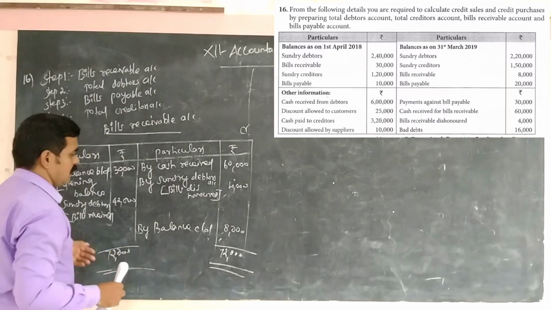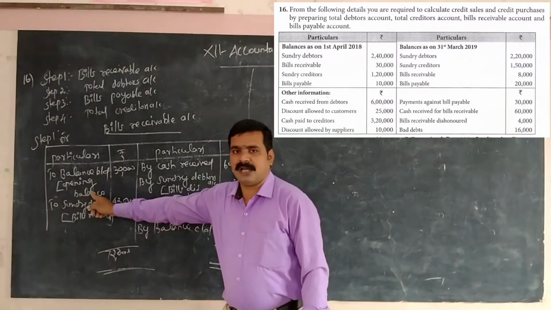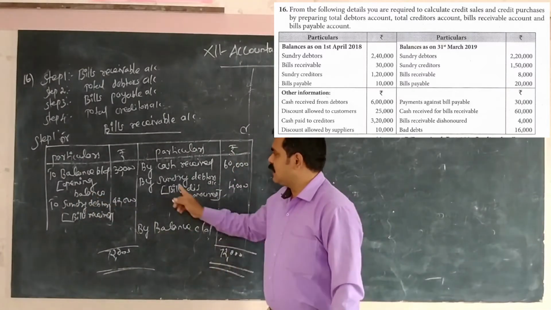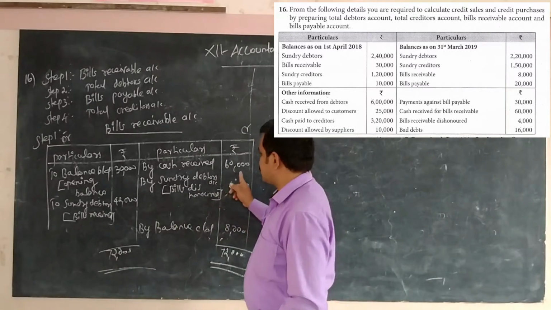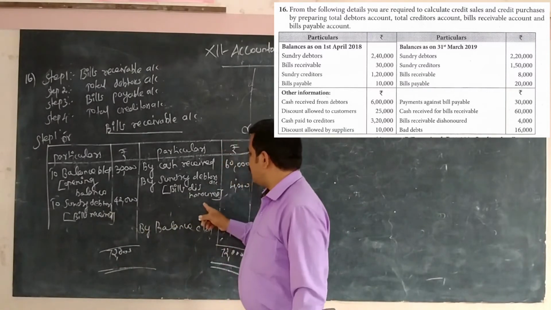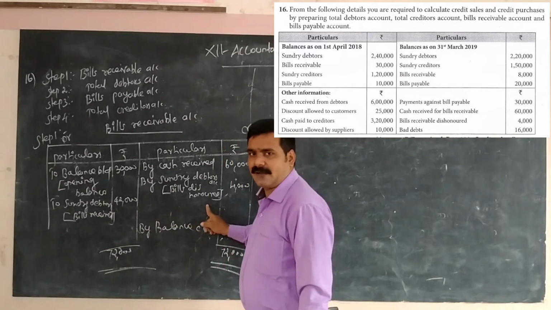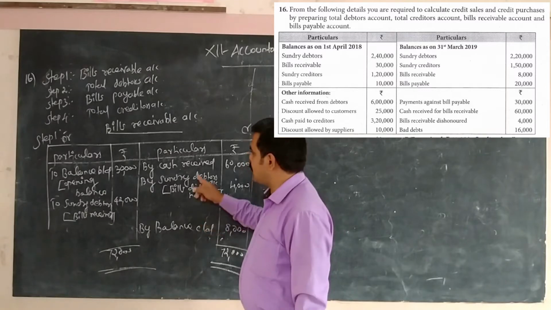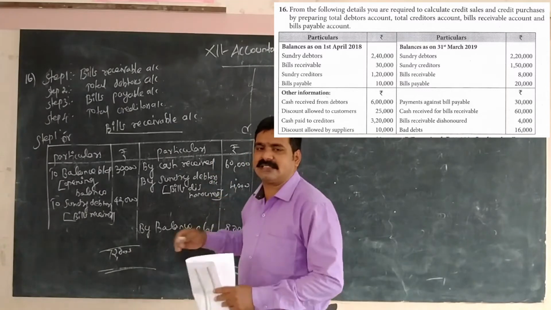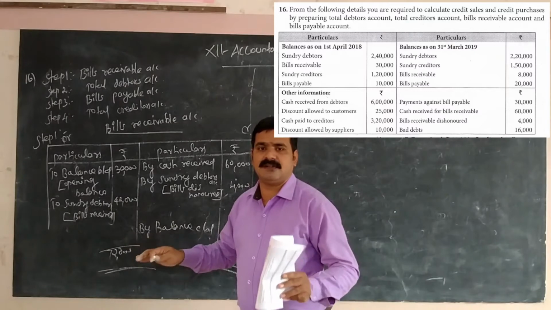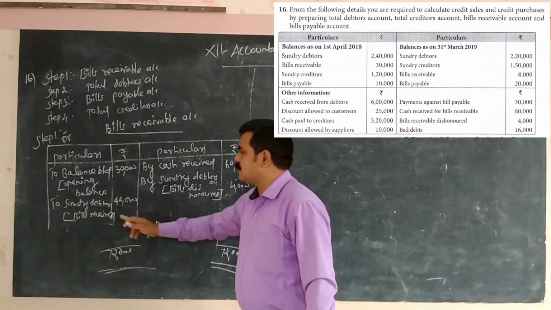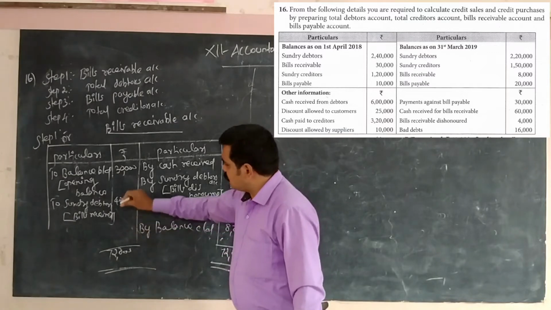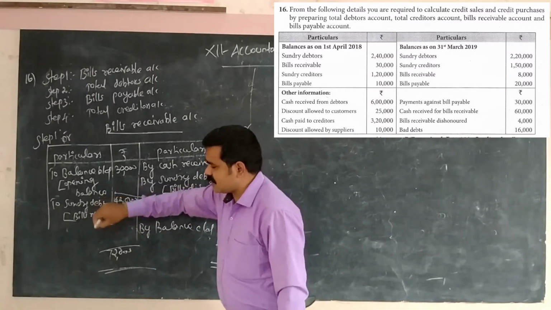So I will explain again. Here is the opening balance, here the closing balance, and here the cash received is given in the additional information, 60,000. Next, sundry debtors, bill dishonor. Bill dishonor comes to the credit side because it is rejected. Dishonor means your amount is rejected. So dishonor 4,000, and the balance amount is 42,000.